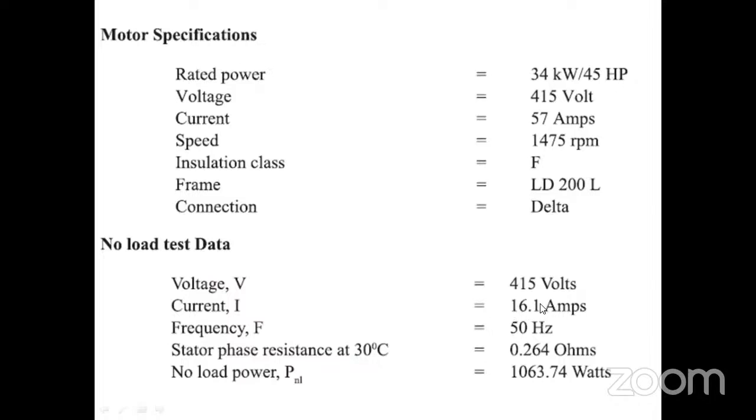Please keep in mind because we'll be moving to another slide and we will not be able to see this. 1475 RPM is the rated speed. Rated current is 57 amps and no load current is 16.1. 57 and 16.1. See the difference, sir.